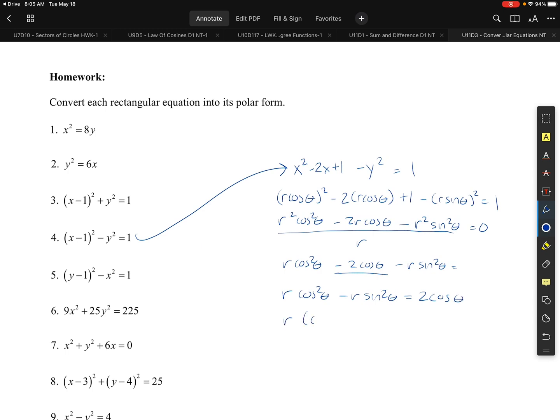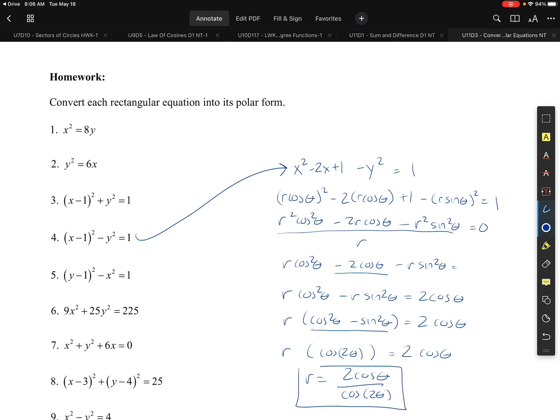GCF the r: r times cos squared theta minus sine squared theta equals 2 cos theta. All right, old unit, there's our identity again. The double angle cos formula. R equals 2 cos theta over cos of 2 theta. And that's our final polar setup.